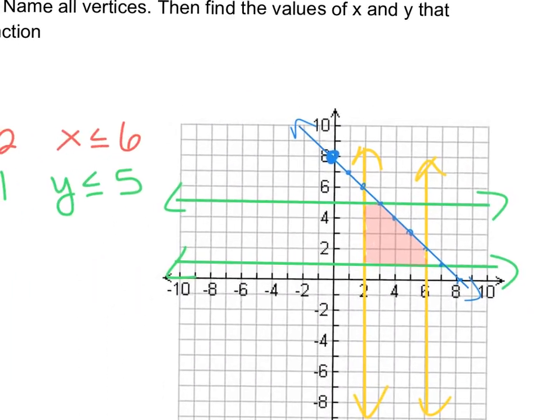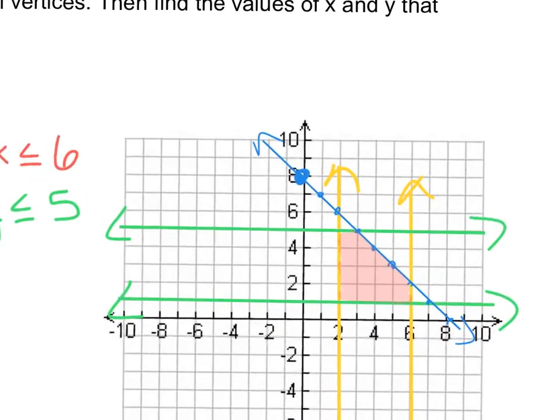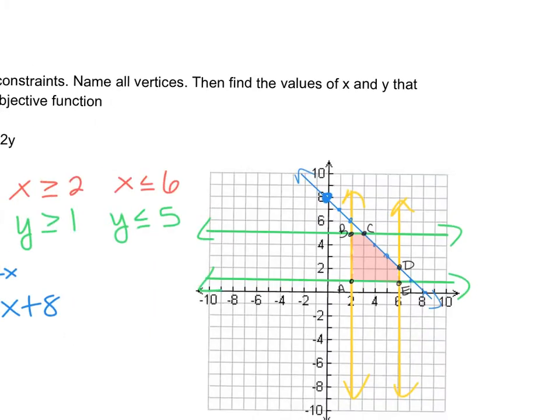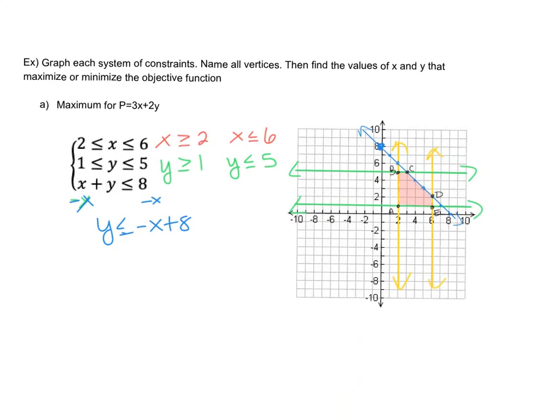So now the next step is to name all the vertices. Let's name them again. I'm going to do A, B, C again, and I think there's an extra one. So A, B would be right there, C would be right there, D, and E. So let's label our points.